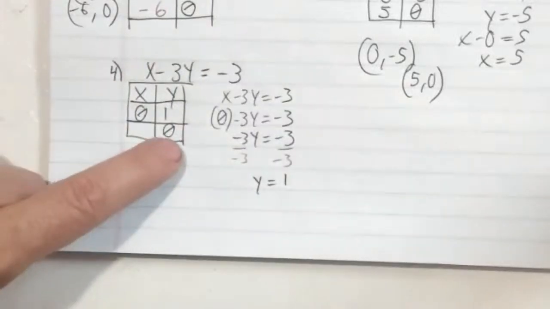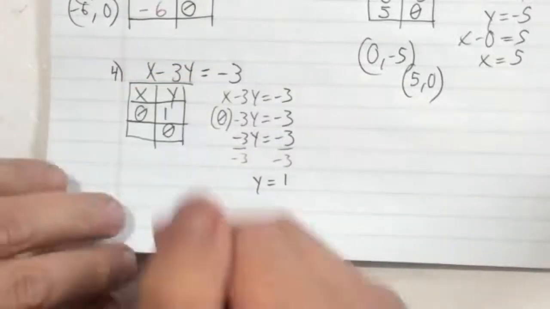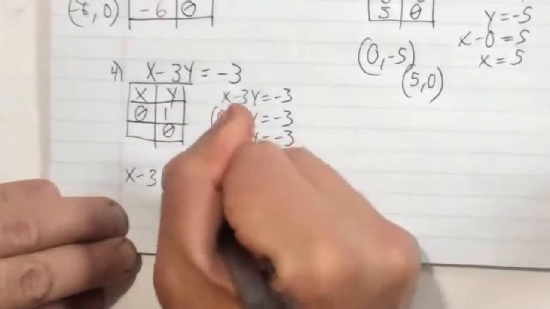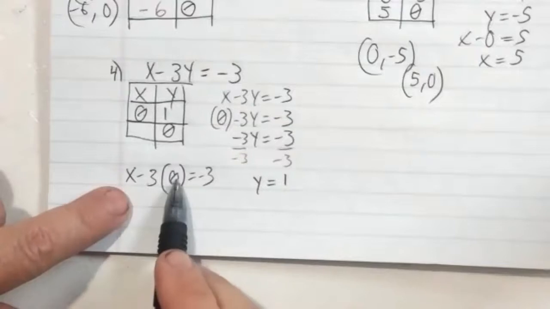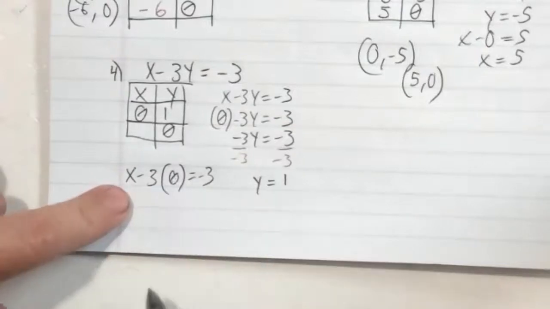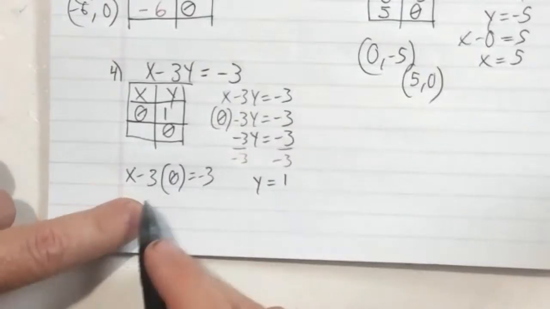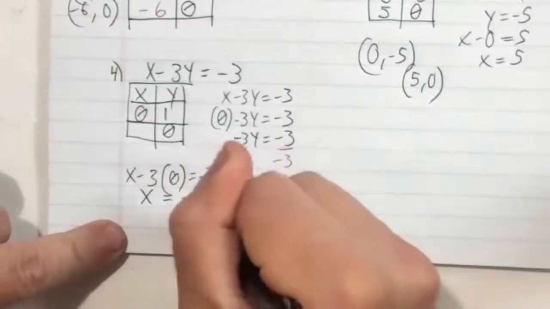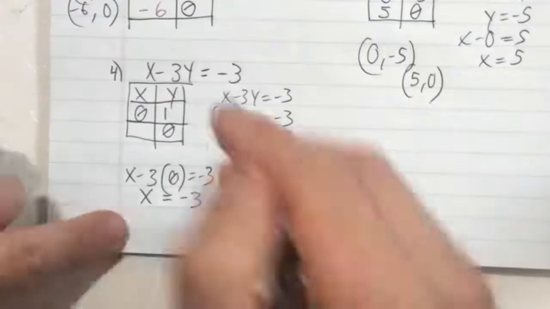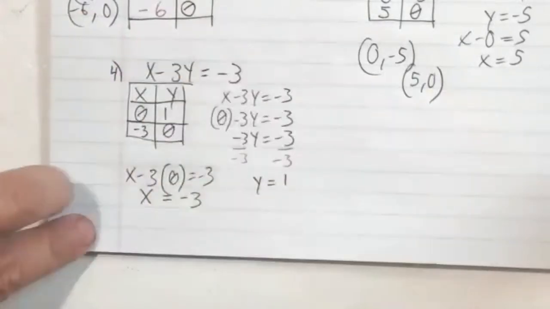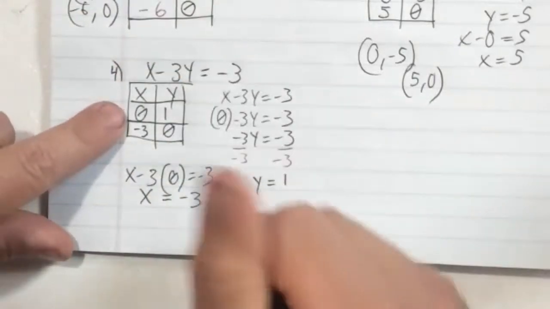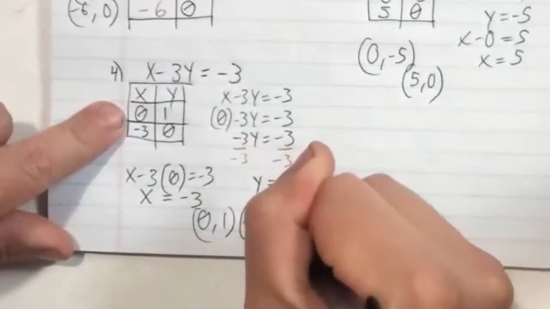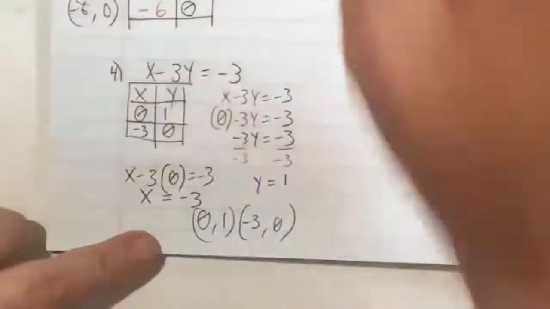Now the y is going to be a lot easier, because when I put 0 in here, -3 times 0 is just 0. So I'm not going to write x minus 0. It's just going to be 0, so x is by itself, and x is going to equal -3. So again, my ordered pairs are (0, 1) and (-3, 0).